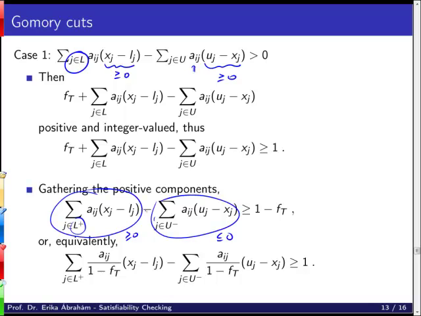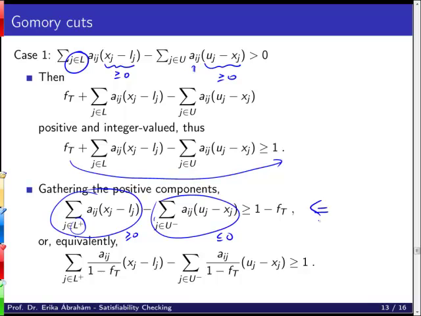And if I collect these two positive components, then if I bring it to the other side, I take the positive components and subtract something away, and this is larger or equal to 1 minus ft, then the positive components have to make up the whole sum. That means I can imply that this equation here holds.